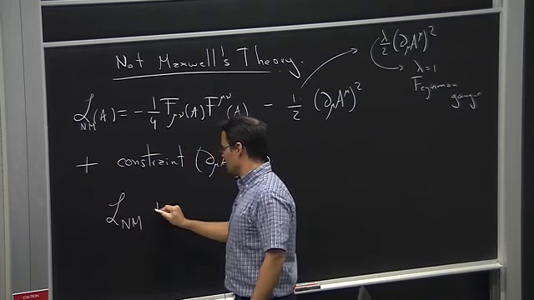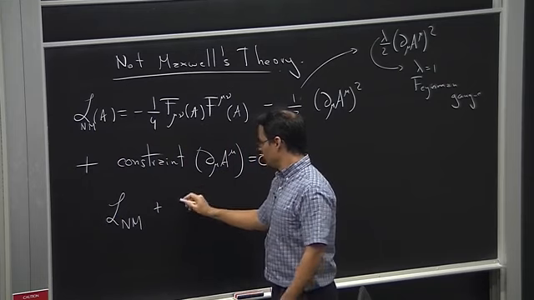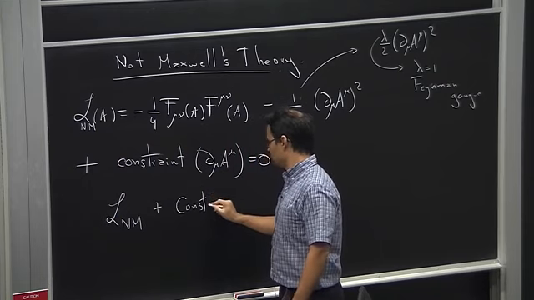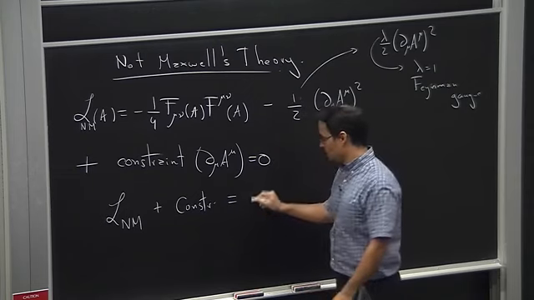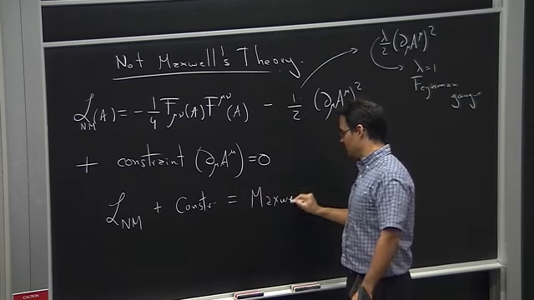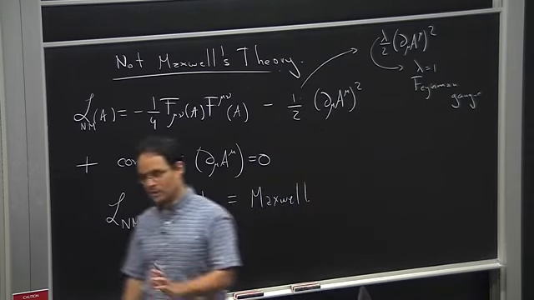So not Maxwell plus a constraint equals Maxwell. Looks silly now, but you will see that it's important.